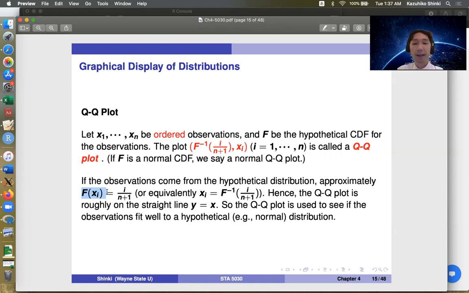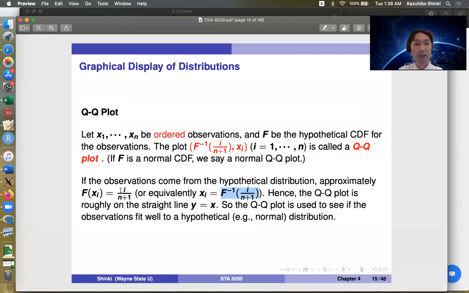But if we think about the largest observation, F of xn would be n over n, which is 1. That never happens in practice, because if F of something is equal to 1, then the argument of F should be infinity. That's why we use n plus 1, to avoid getting xi equal to infinity or negative infinity.